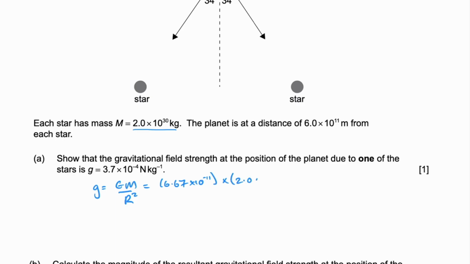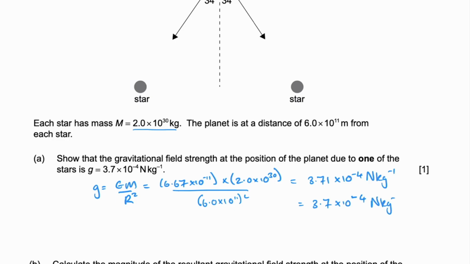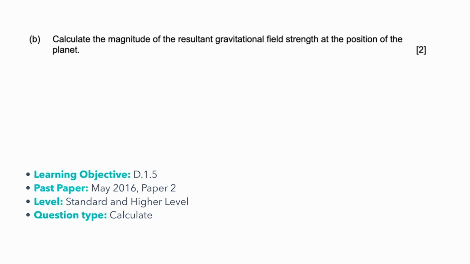The mass is 2 times 10 to the 30 divided by 6.0 times 10 to the 11, all squared, gives us a value of 3.71 times 10 to the minus 4 newtons per kilogram. And everything is given to two significant figures, so we bring that down to 3.7 times 10 to the minus 4 newtons per kilogram.